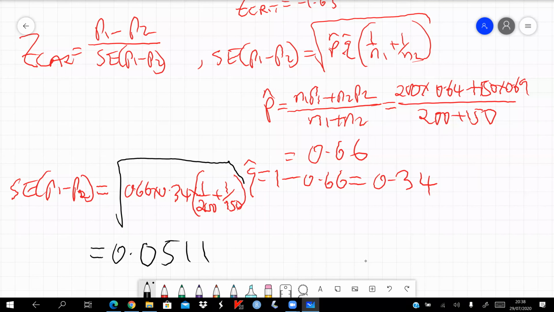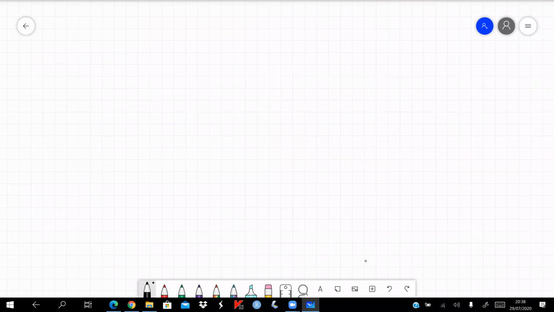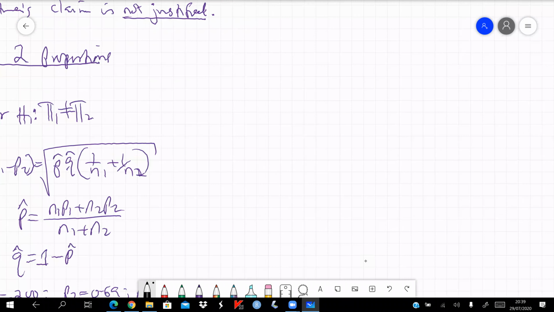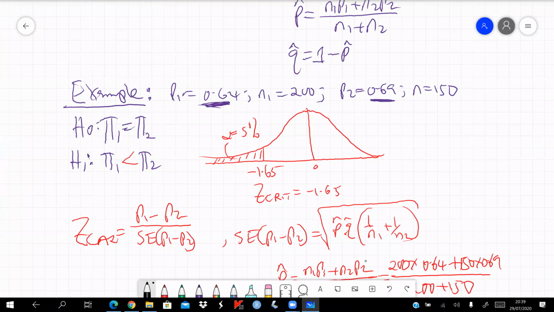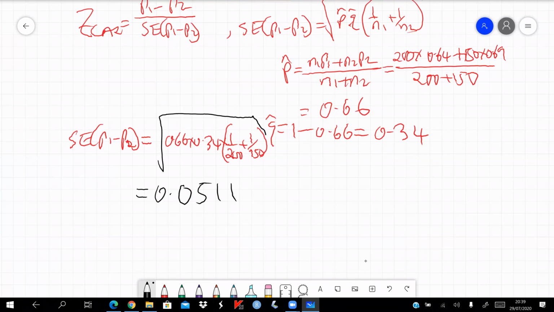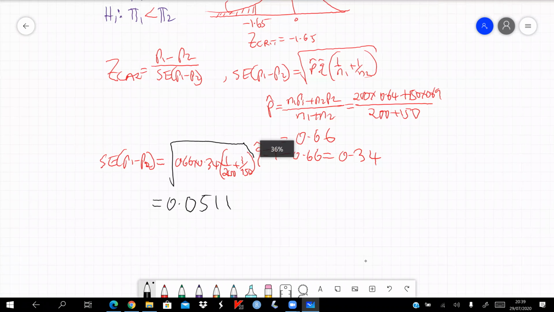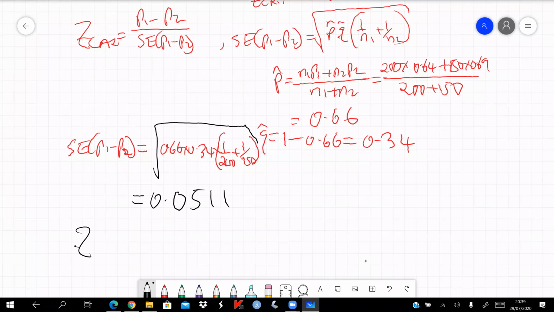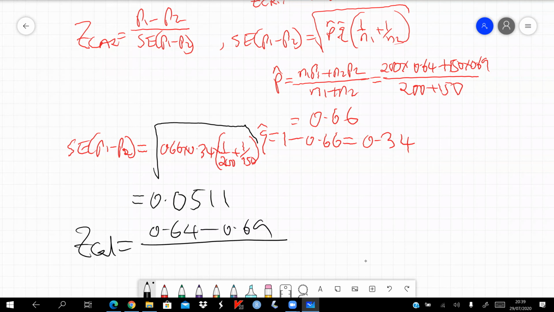Then from there we can get the Z calc. So let's get our Z calculated, which will be P1 minus P2 divided by the standard error: 0.64 minus 0.69 divided by 0.0511.